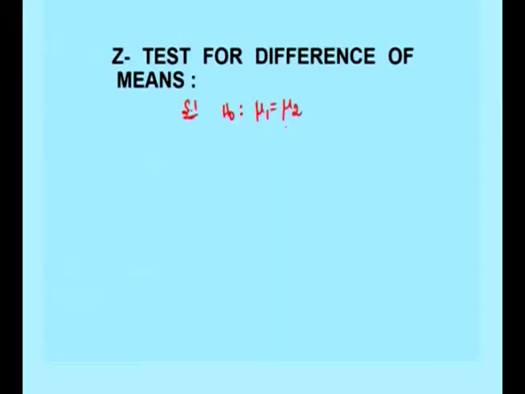So, that is what we want to check with the Z test for difference of means. So, step 1, H0 such that mu1 is equal to mu2. In words it is written as there is no significant difference between two population means.